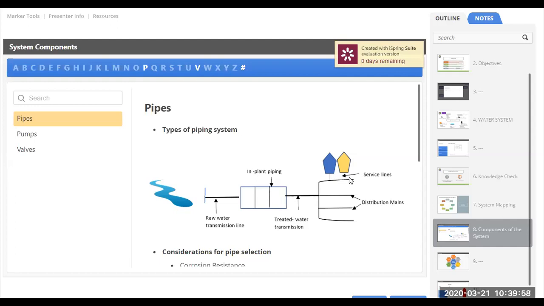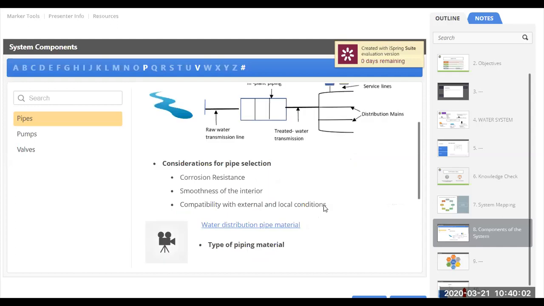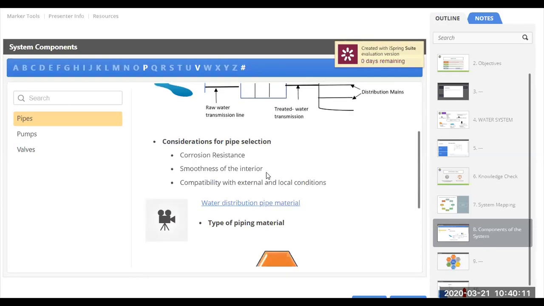Okay, so let's move to the next item. If I scroll down, you see some of the things that I mentioned earlier: corrosion resistance, smoothness of the interior of the pipe, which is where we consider the C factor of the pipe, and compatibility with external and local conditions.